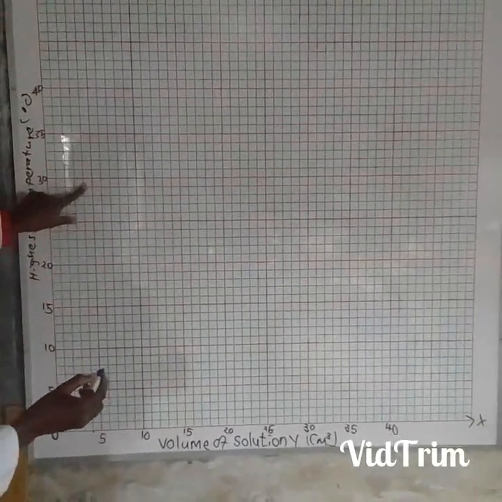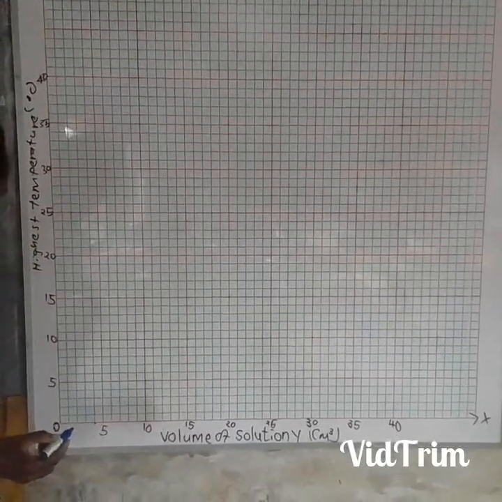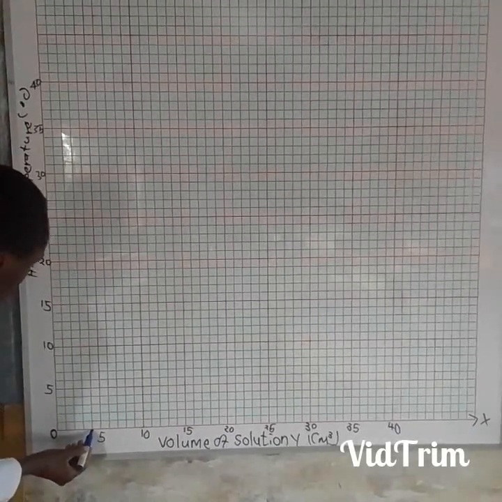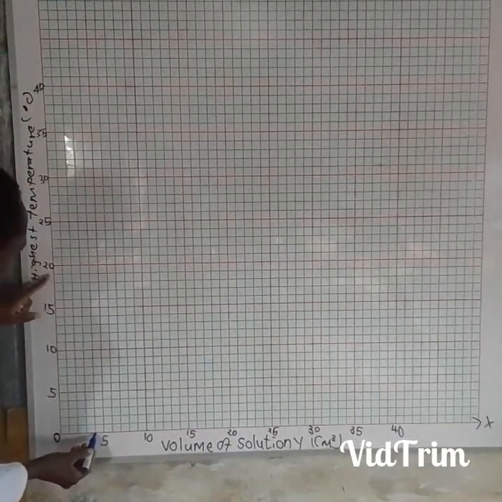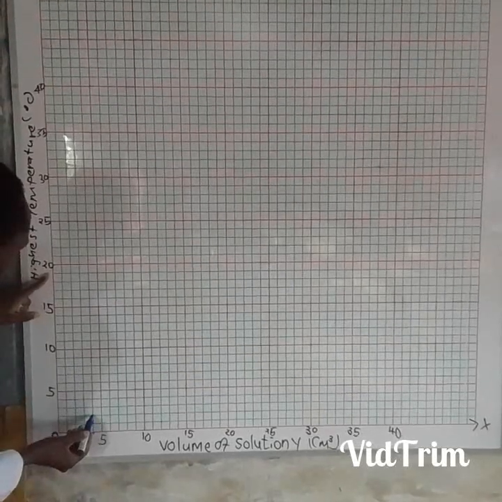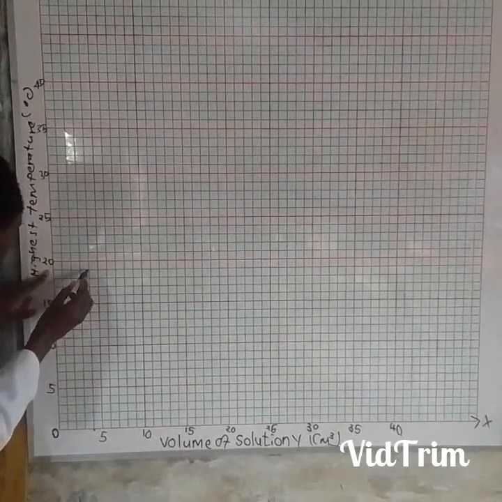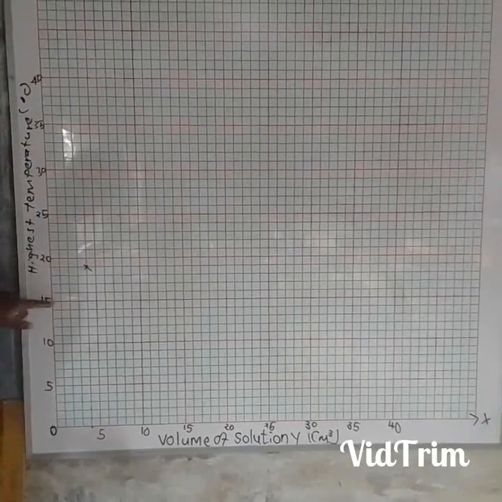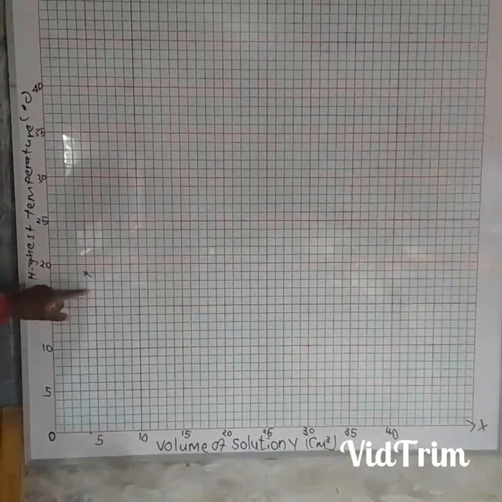Let me do it properly. If volume is 4, then the temperature is 19. That is from 15, 16, 17, 18, 19.